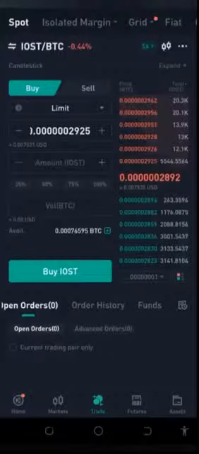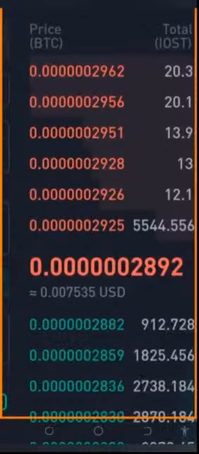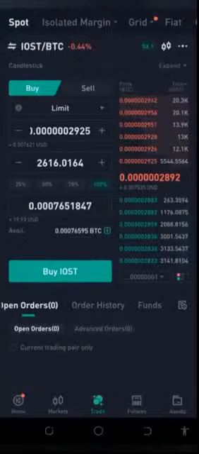And then, let's see. 2616. It's the same thing, right? So I think at this point I have to do this, and I'll go set my sell limit over there. All right. So I'm just going to click on that, and then let me do it again so that I'll be sure.